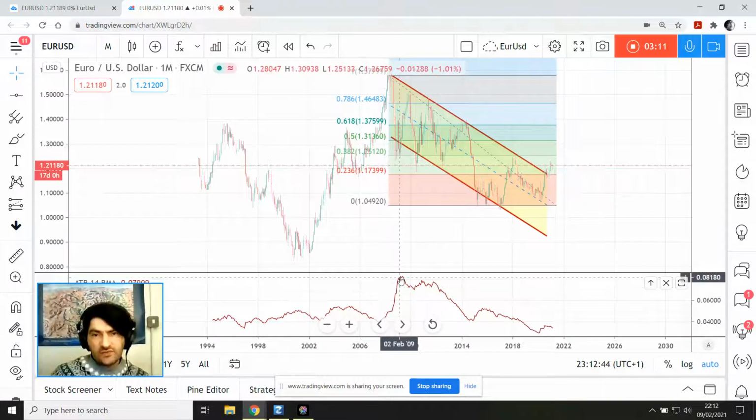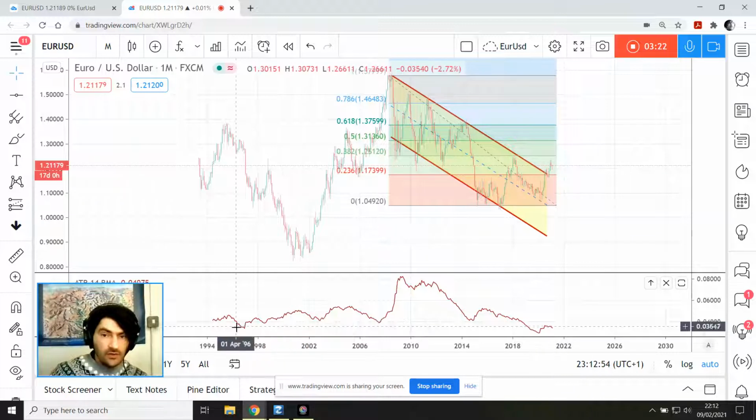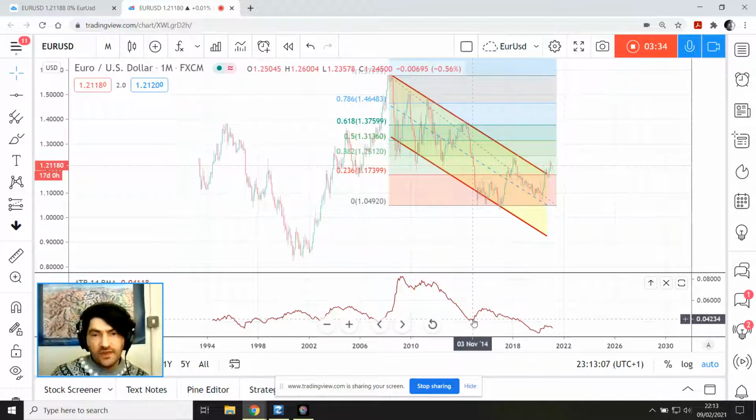The ATR, as you can see, has dropped considerably from those high days, and that's where we are now. So historically we are quite low. If you look back on the monthly, we've been quite low for 2020, even with the pandemic and everything, compared to what we've been before. Look at these numbers.